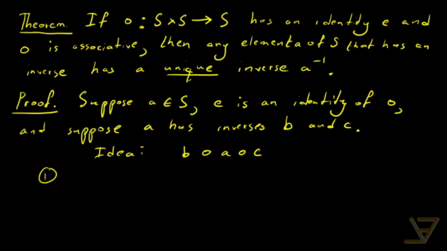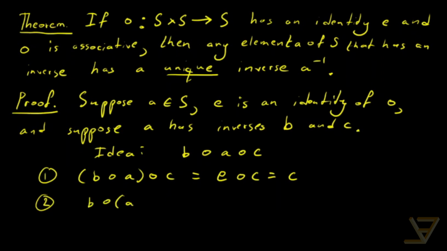One is that B over A over C, the B over A is equal to E because B is the left inverse of A, and we get E over C, and that's just equal to C. And two, we're going to use associativity now.